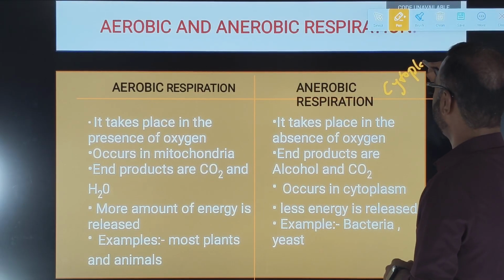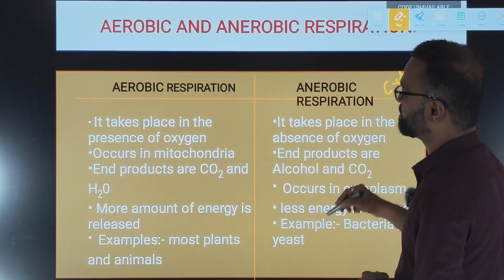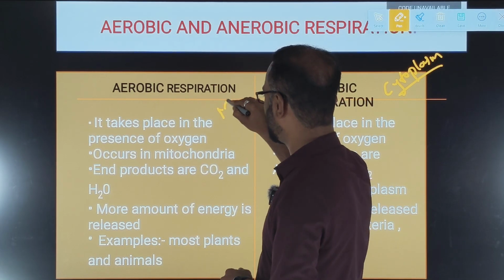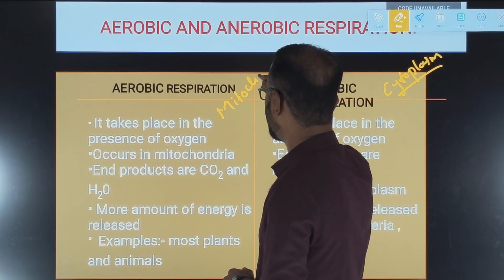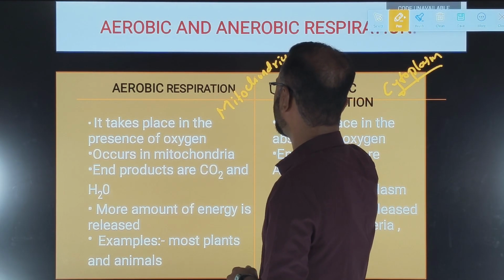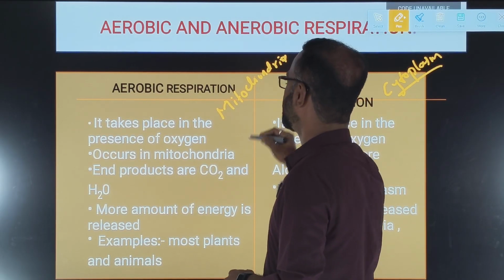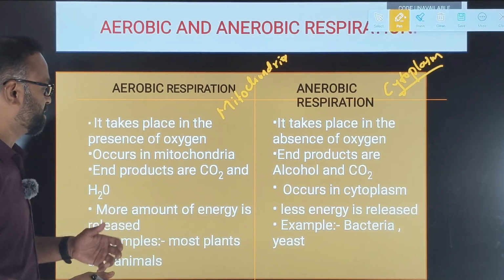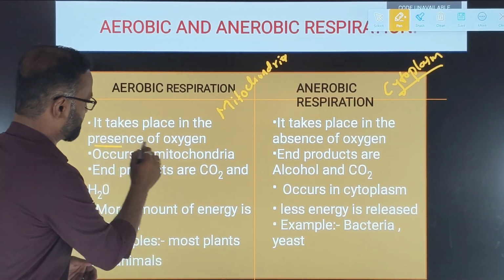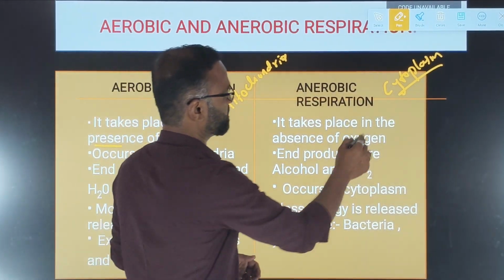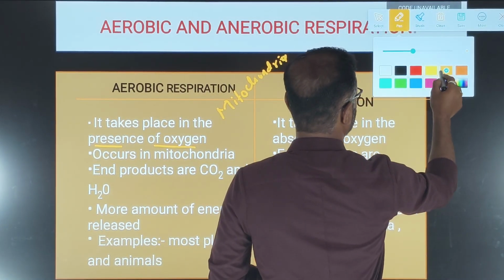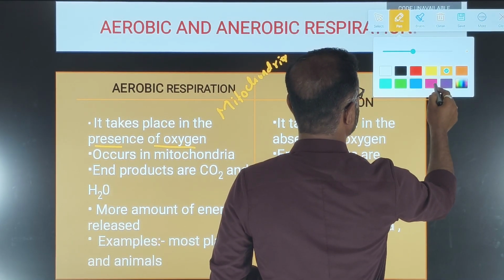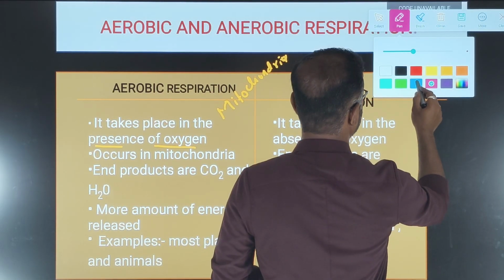But aerobic respiration takes place especially inside the mitochondria. Let us try to understand the difference. Very simple. It takes place in the presence of oxygen. Such respiration we call aerobic respiration.